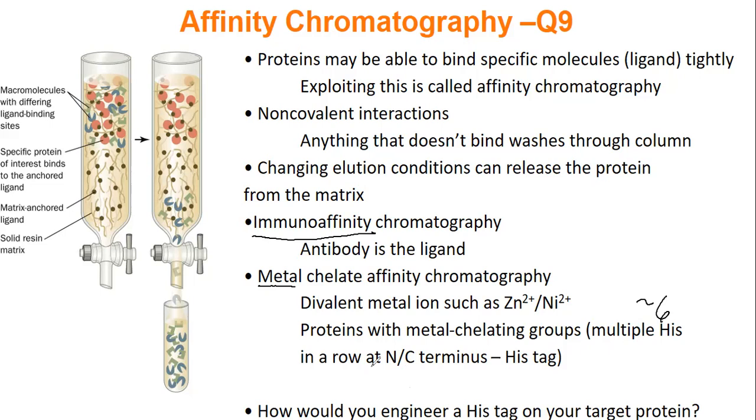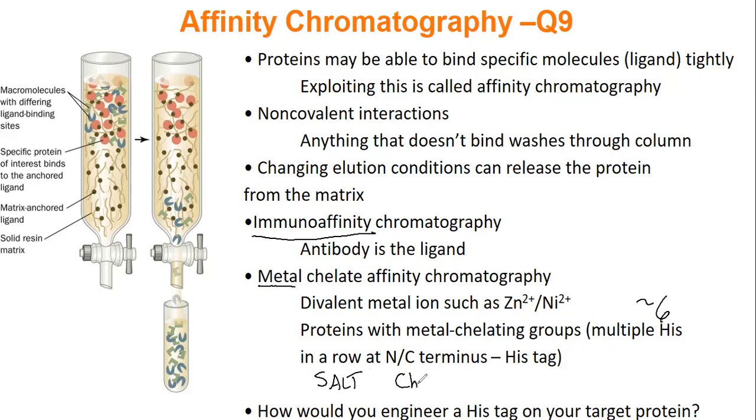After that's created, you run your sample through the column, and your protein will stick to the metal because it has those histidines, and everything else will be washed out. Then you just use salt to outcompete your protein. You add high concentrations of salt, and your histidines will unbind from the metal and come through the column.